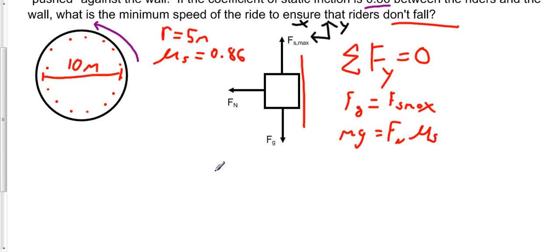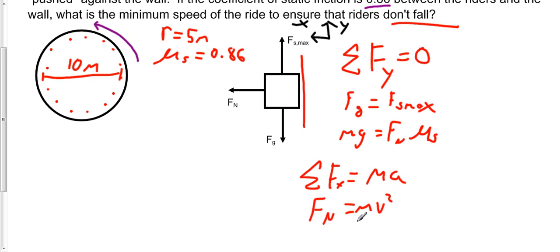So let's turn our attention to the x direction. The sum of the forces in the x direction has to be equal to, this is where the acceleration is going to come in. This is centripetal acceleration that's causing this person to be forced towards the center of the drum. And so we can write this as Fn equals mv squared over r.